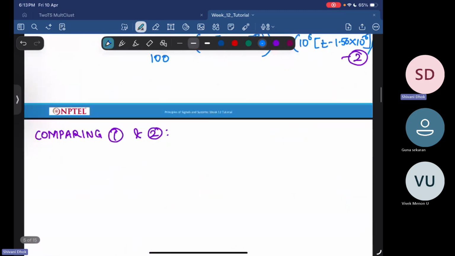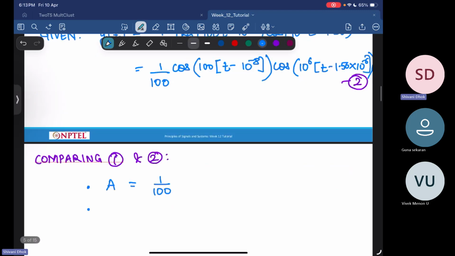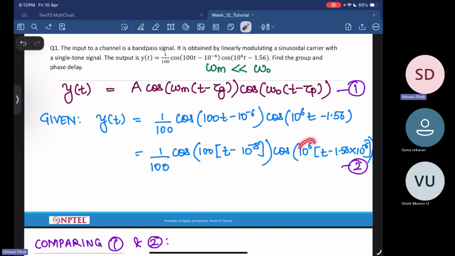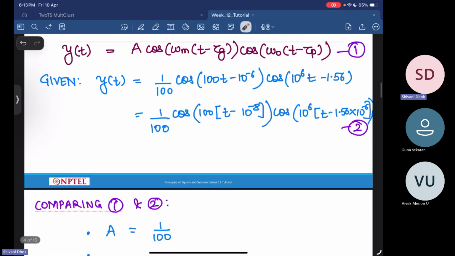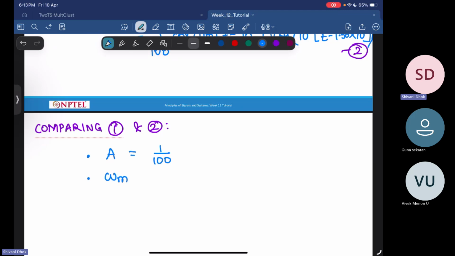The first thing is your a is not 100, it is 1 by 100. Then your omega m will be the smaller quantity. You have 100 here, and here you have 10 raised to 6. So your omega m will be the smaller value, so omega m is 100.